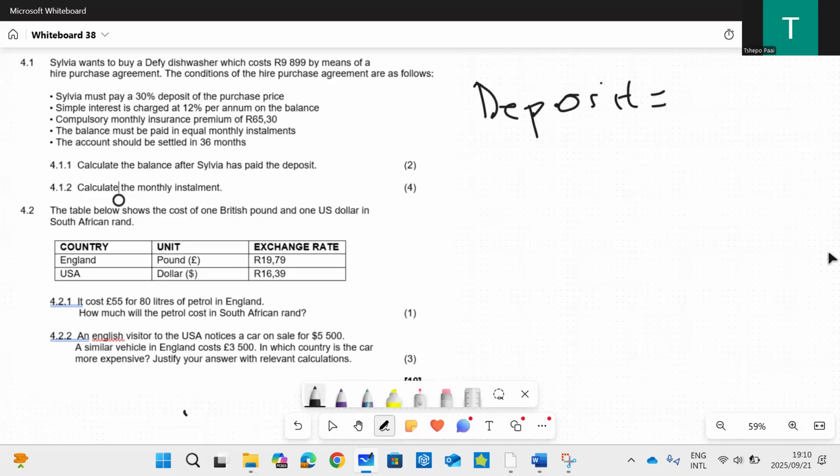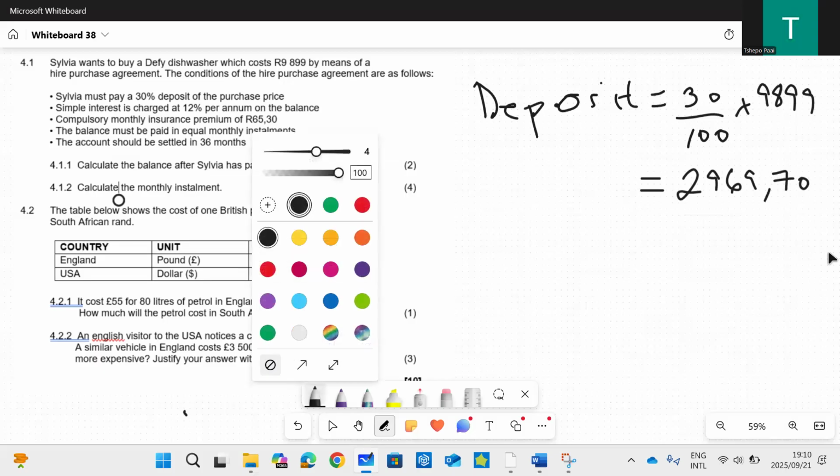All you have to do is say 30 divided by 100 times 9,899. So you are going to get R2,969.70. That will be your deposit. You will then be allocated a mark for that.